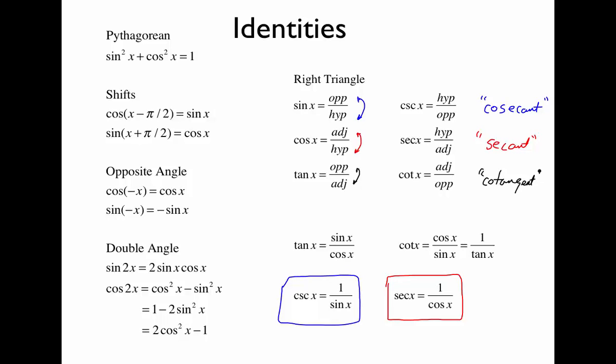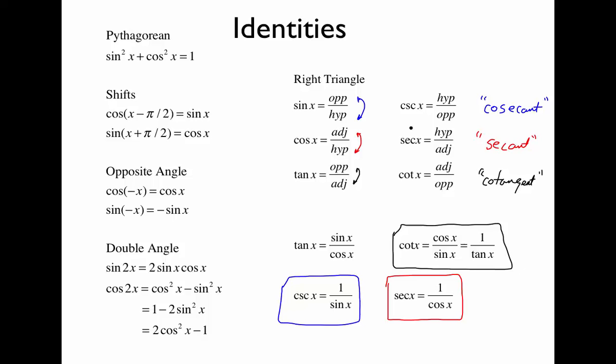And since it's the reciprocal of tangent, it's also cosine over sine and 1 over tangent. And we know the tangent is sine over cosine. So this becomes a matter of memorization, okay? Having these at your disposal helps you to solve problems, okay?